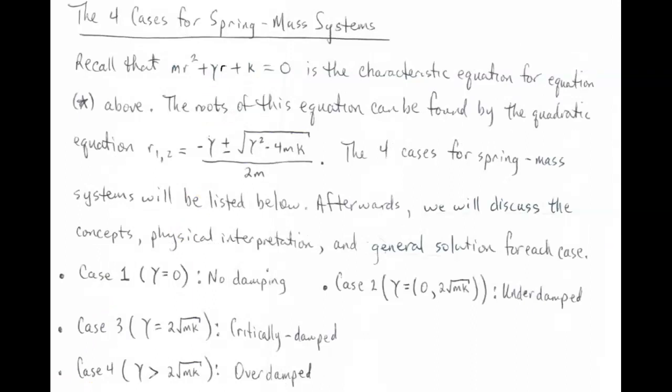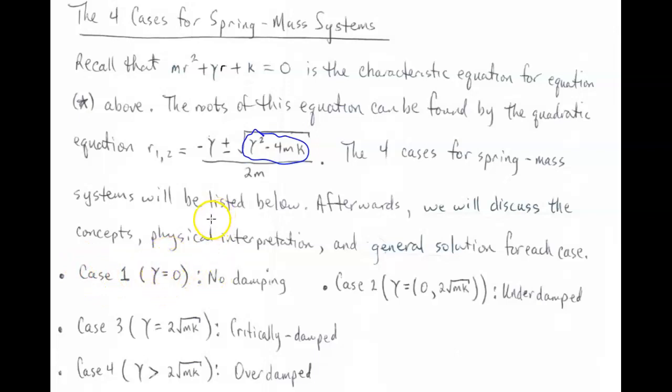Now, much like the characteristic equation for second order linear homogeneous equations, we know that the roots, what those solutions look like, depend upon the discriminant. And so each of these 4 cases is going to depend upon what the discriminant looks like.